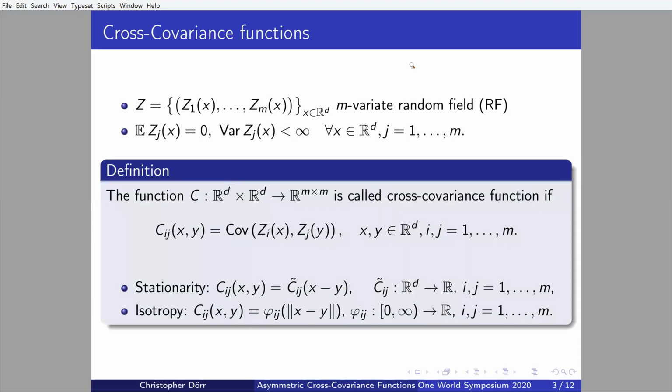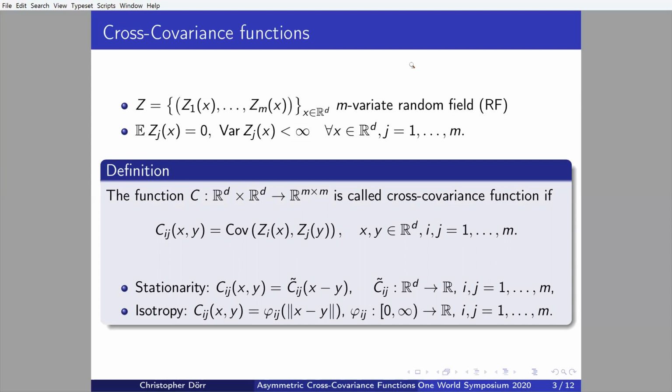Getting formal now, we denote Z as a zero mean, second order, M-variate, real-valued random field on R^d. The domain of the field can be interpreted as purely spatial locations, but we can also interpret one dimension as a temporal domain. The cross-covariance of Z is then a matrix-valued function with the respective covariances between the process's components as entries.